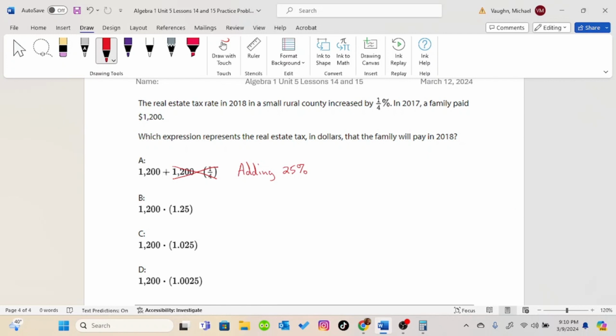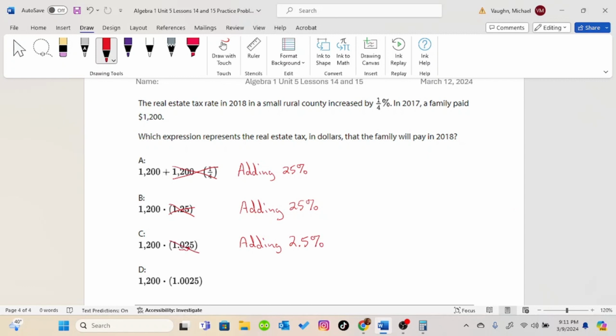In B, this one is multiplying by 1.25, which is also adding 25%. So that's incorrect. On C, if you move this decimal point 2 places, this actually says we're adding 2.5%.